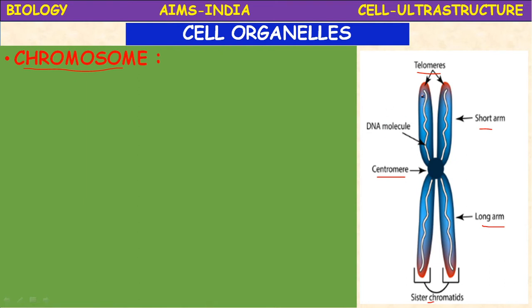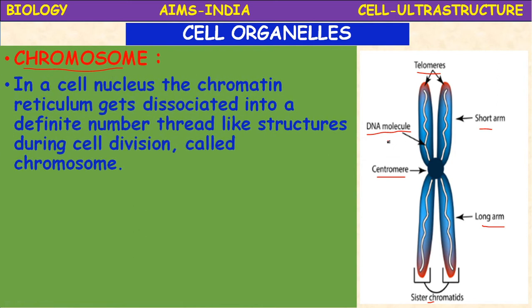And only on the chromosome, genetic material is present in the form of DNA molecules. Okay, this DNA molecule representing the genes. Genes are called the units of heredity. So let us discuss a chromosome.